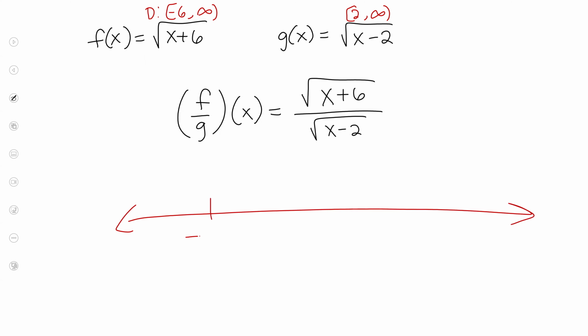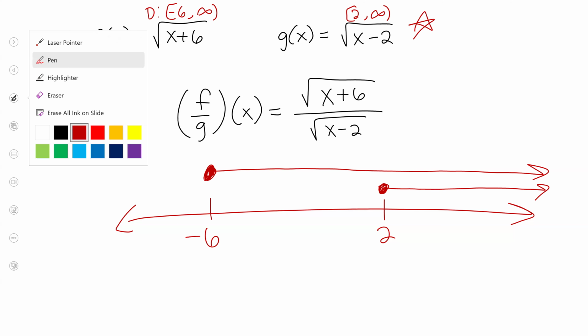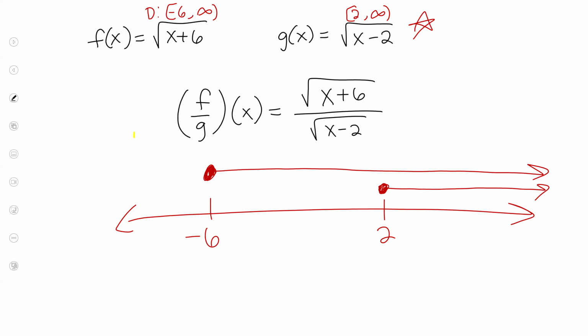Here is -6, here is 2. So this first domain goes from -6 to infinity. The second one goes from 2 to infinity. You guys see the overlap? Overlaps right here. So it should be 2 to infinity, but I have a question.